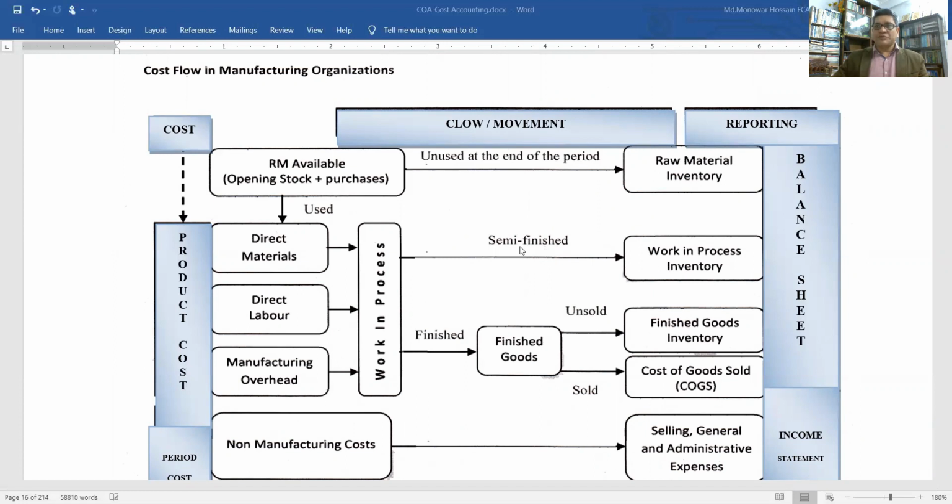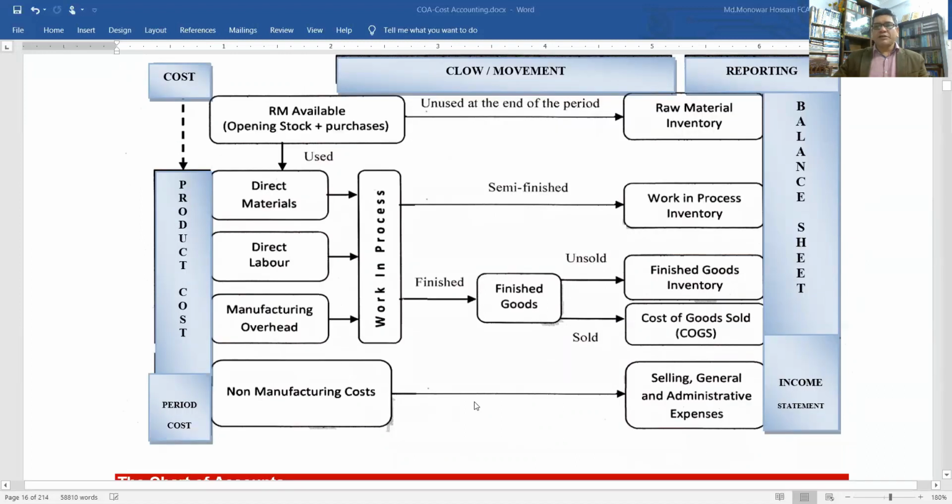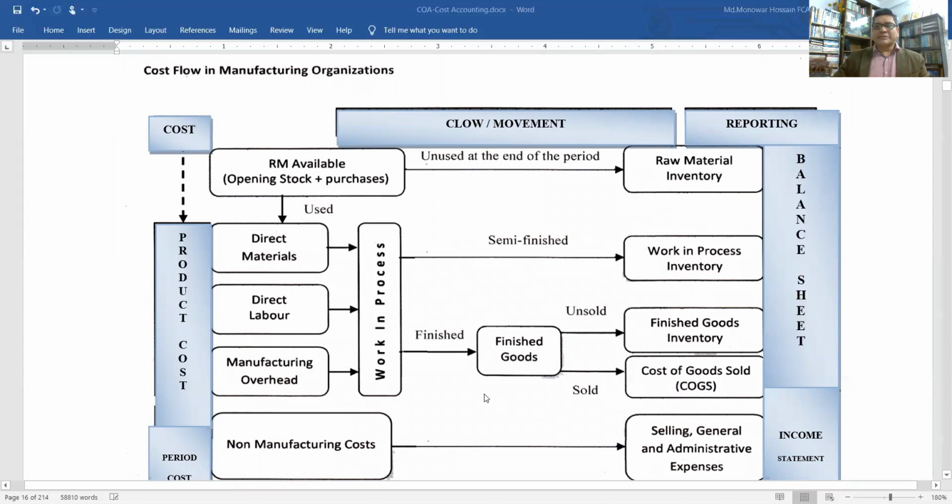There are three types of inventories: material inventory, work in progress inventory, and finished goods inventory. All inventories are shown in our balance sheet, but the period cost, that means non-manufacturing cost and others, we charge in our income statement. So this is the cost flow of a manufacturing organization.